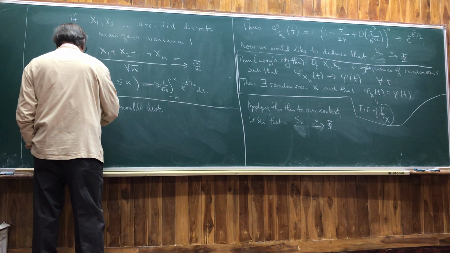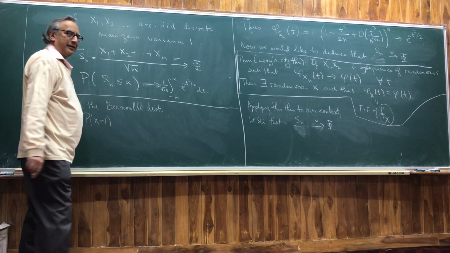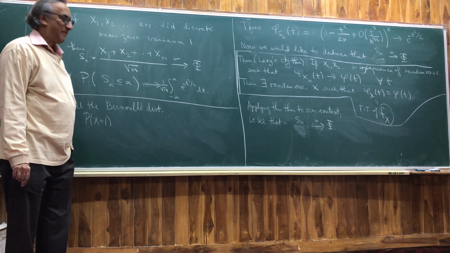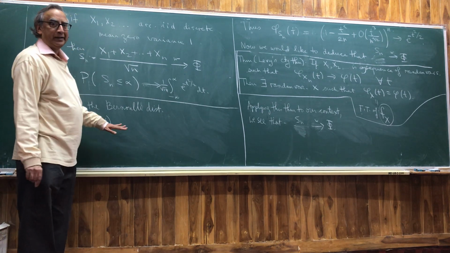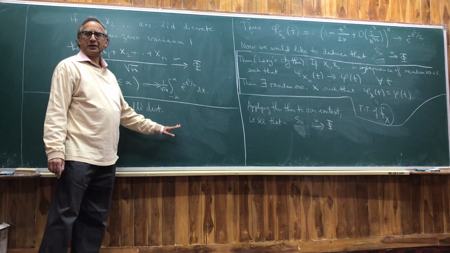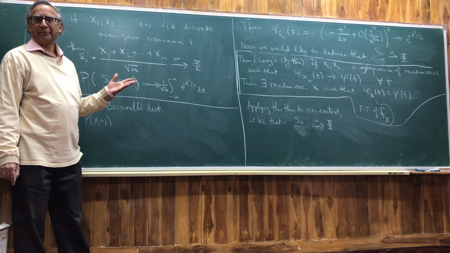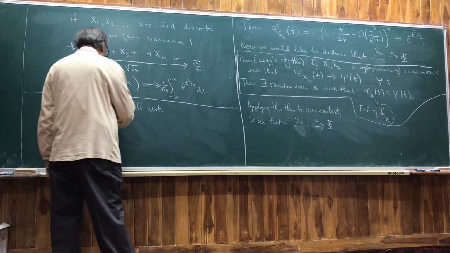Here, this is where I have problems with this notation. The probability that x equals 1 usually is denoted by p, and the probability that x equals 0 is denoted by 1 minus p. But for me p is a prime. So we don't use that. We'll use r.